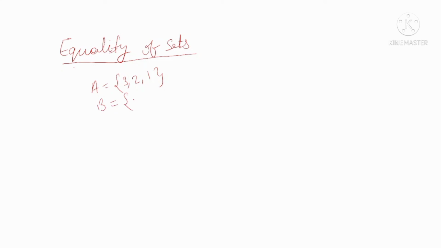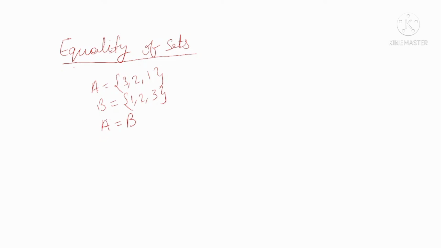You can see here, if A equals 3, 2, 1 and B equals 1, 2, 3, when each element of A belongs to B and each element of B also belongs to A, then in that case only can we say A and B are equal sets. Then we can say set A equals set B.